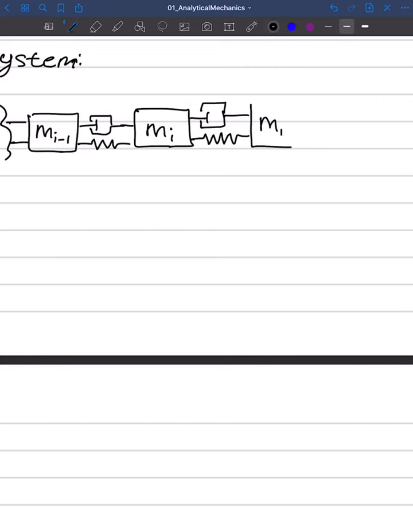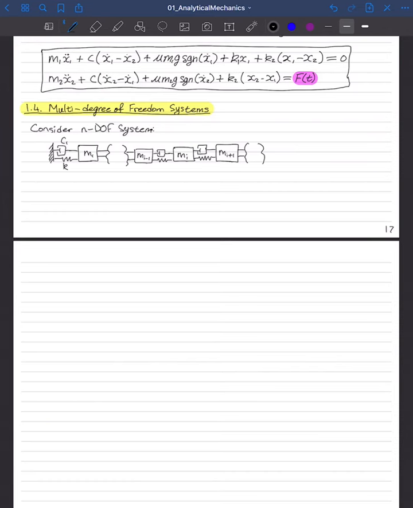And this connects to mass Mi plus 1. And then at the very end, we will have mass M sub n for the nth degree of freedom, with spring Kn plus 1 and a damper with coefficient Cn plus 1, and we'll connect them to the ground.